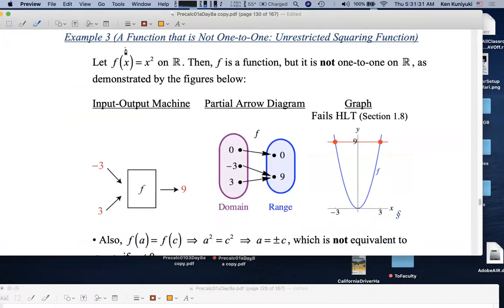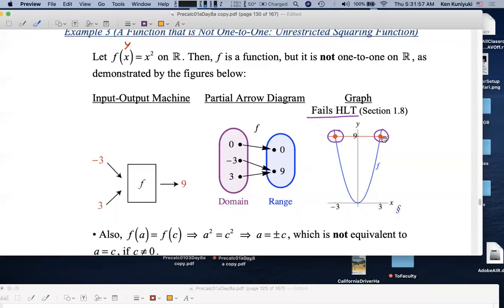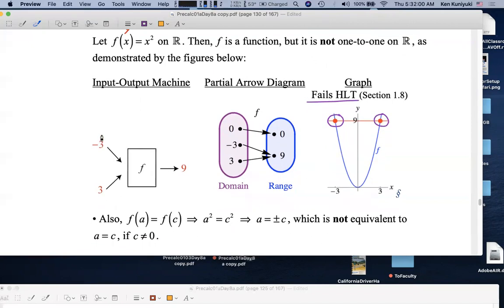If you graph y equals x squared, the problem is that the graph, this parabola, will fail the horizontal line test, the HLT. Because, for example, the point (3, 9) lies on the graph, and the point (-3, 9) lies on the graph. And the line y equals 9, that horizontal line, will pass through both points. So what this means is that we have two competing values for x here.